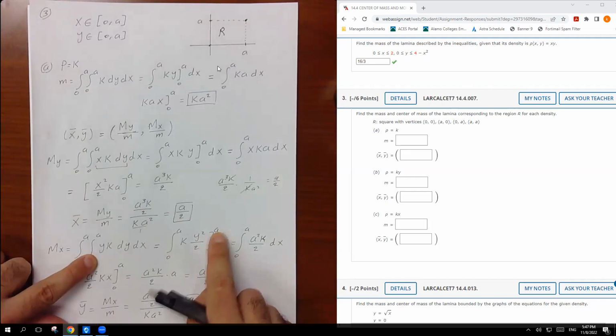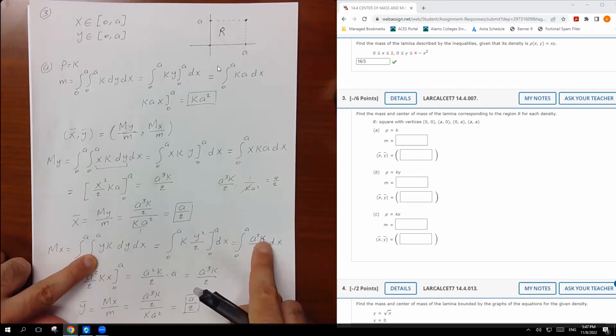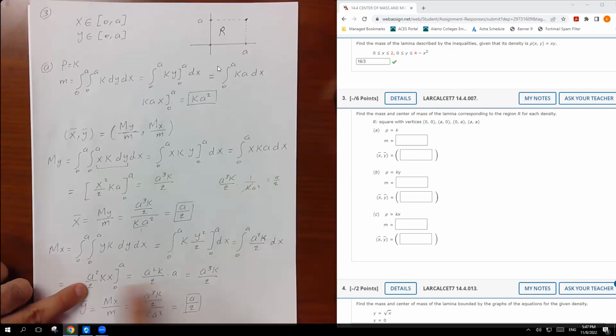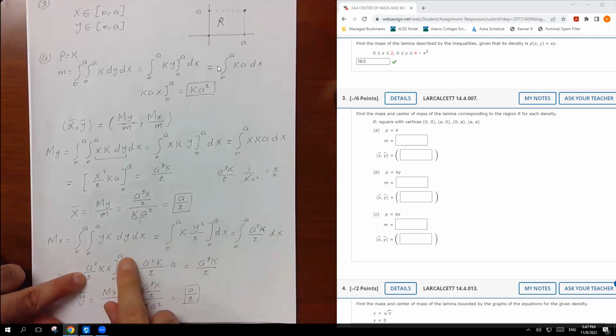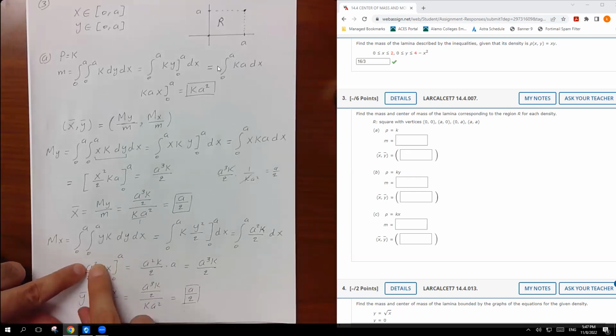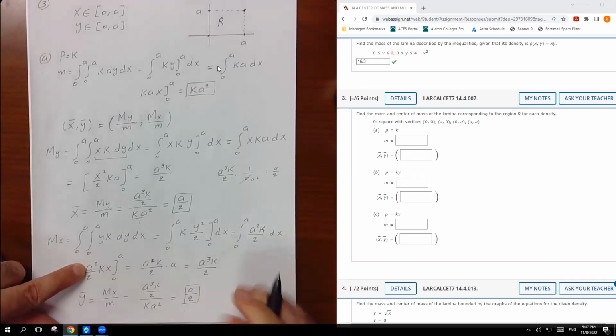Then plug in the a, it's going to be a squared over 2, and here's the k. Find the integral with respect to x, so it's going to be a squared over 2 kx, and also from 0 to a. Then plug in the a, so it's going to be a squared over 2k, and here's a minus 0. Here's the a times, so it's going to be a cubed k over 2.